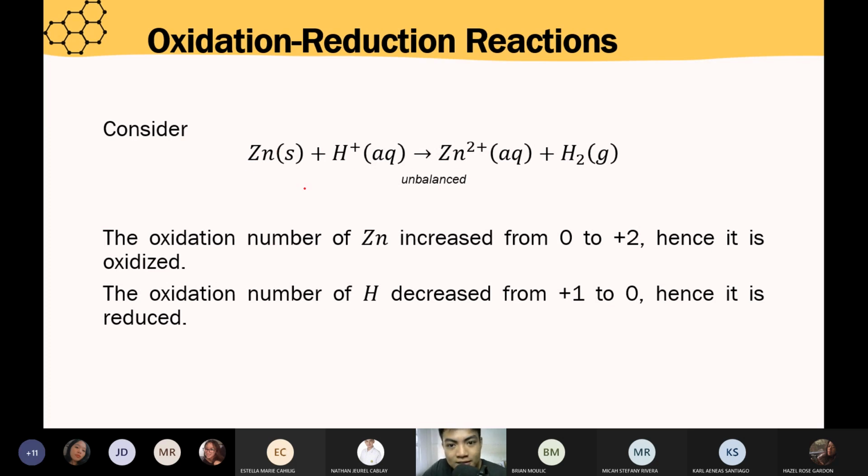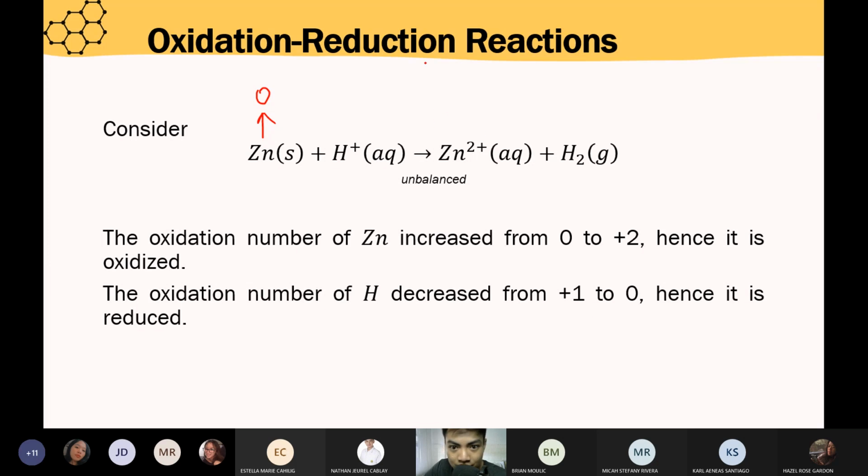Kapag nasa solid form yan, this is a tip for everyone: pag solid form, 0 agad yan. So, the oxidation number of zinc here, since this is solid, is 0. Rule number 1, elementary substance. Single atom, walang ibang kasamang atom, walang charge. So, 0 yung kanyang oxidation number dito.